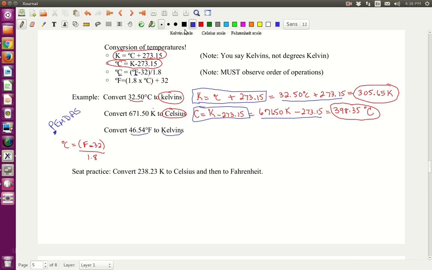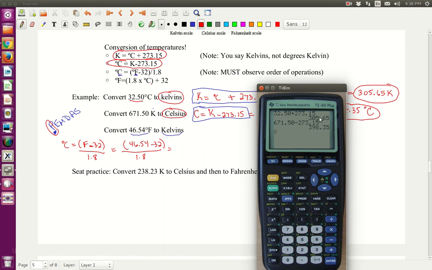So let me write in the numbers for the next step of this process. So my Fahrenheit is 46.54 minus 32 divided by 1.8. Okay, follow PEMDAS. First we do the parentheses. So 46.54 minus 32.